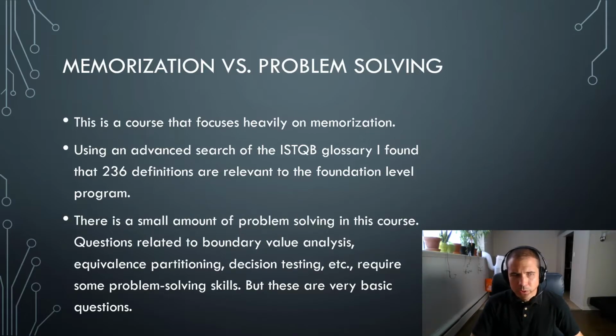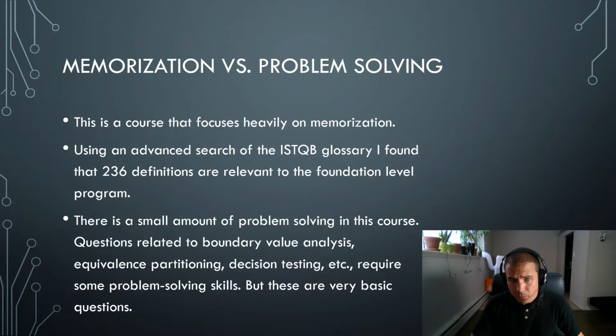That number 236, there might be something a little funny going on with that, but when I did my search, I redid it a few times, and that seemed to be the number that kept coming up. And when I looked through those terms, most of them were actually pretty relevant to the course, so might be close to right. It's a lot of terms and definitions anyways.